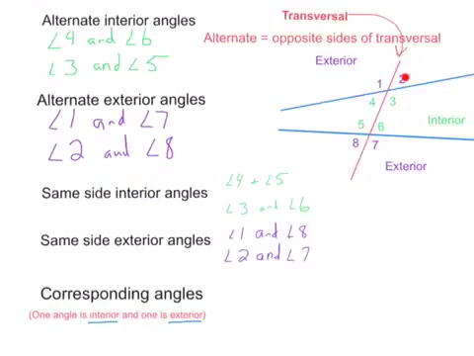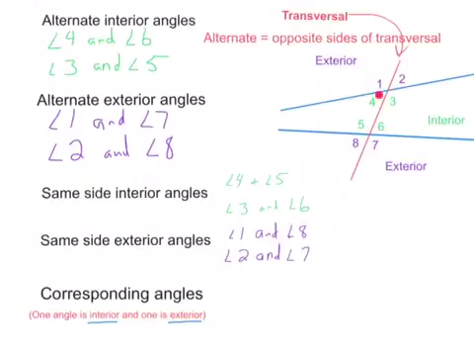Likewise, angles 2 and 6 are corresponding angles, and angles 8 and 4. This time, angles 8 and 4 are both below the blue lines, but they're still on the same side of the transversal. Likewise, 3 and 7 are corresponding angles.